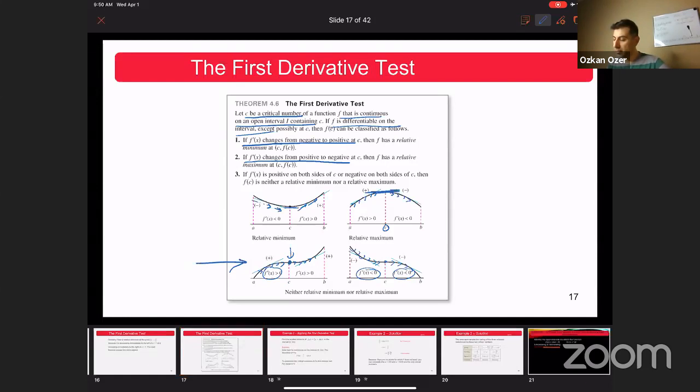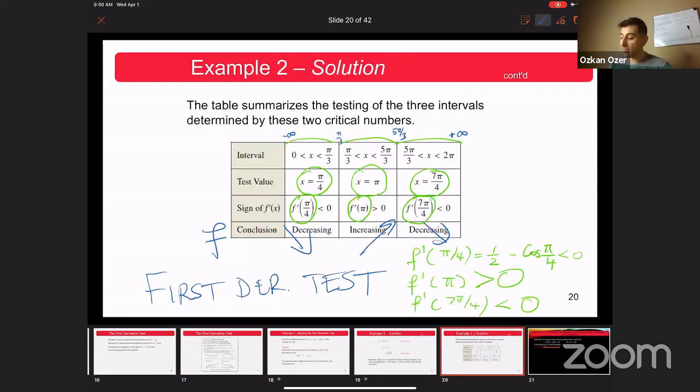Okay, so going back here, we have f prime negative, and it switches to positive here. So it's decreasing, and then makes a turn, and it's increasing after that, right? So you should have a relative minimum here.